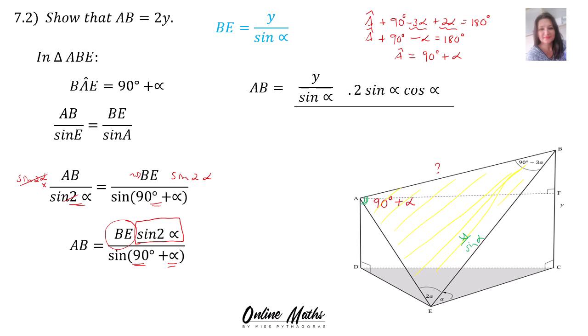This is a reduction formula, but it's a co-function, so we can reduce it to cos alpha. Remember, when you use 90 plus or minus, or even 270 plus or minus, the name changes to the co-function. So then we can say sin alpha and sin alpha will cancel, cos alpha will cancel, and we're left with AB is equal to 2y, and that's what they wanted.